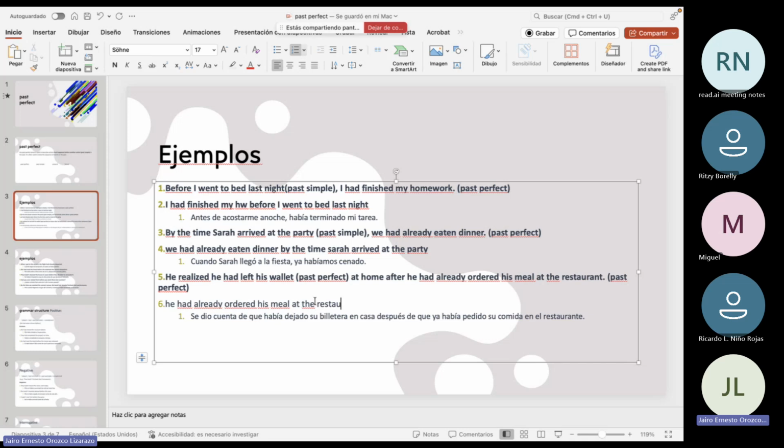In this case, you have to change it before, right? You can't use after anymore. Before he realized he had left his wallet at home, at home, right?